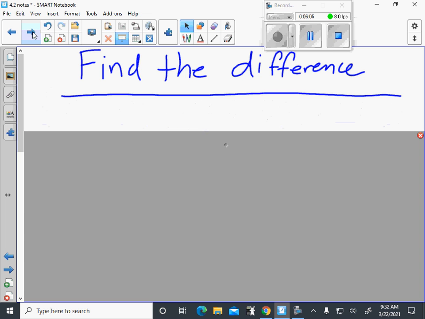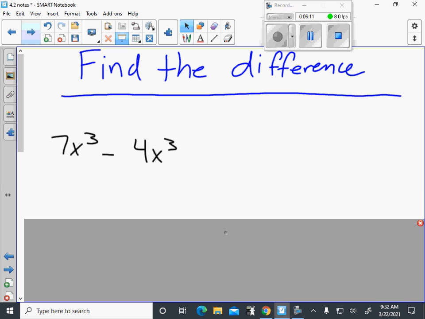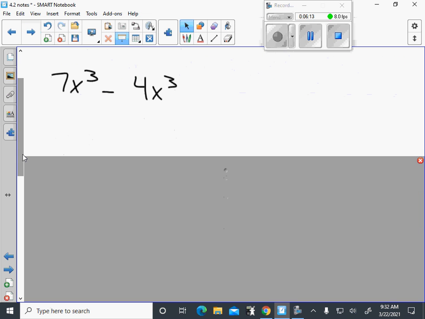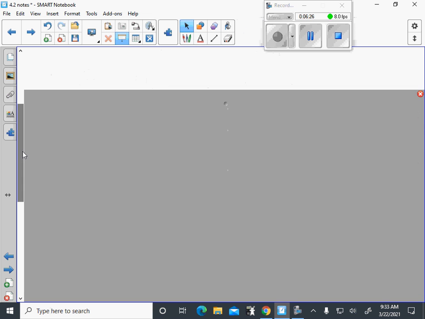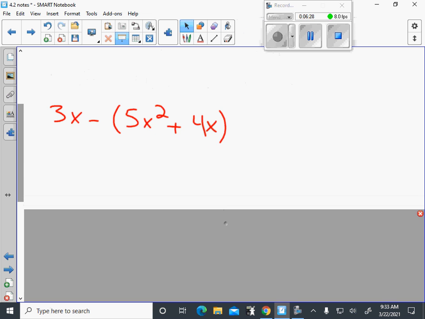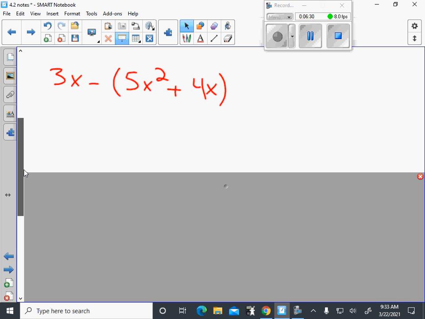Let's now find the difference. Finding the difference is really the same thing, but we have to be careful for one instance, and I'll show you that here in a second. Okay, combine like terms. We have 7x to the third minus 4x to the third. How many x's to the third is that? That's just 3. Okay. Here's the instance I'm talking about. We have 3x minus, in parentheses, 5x squared plus 4x.